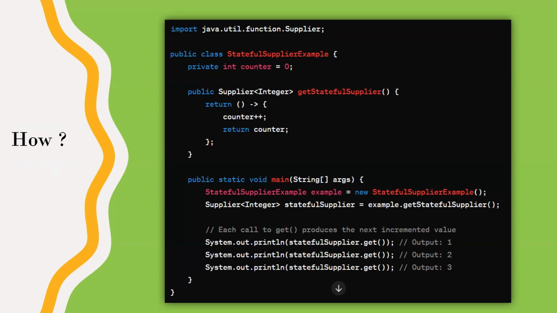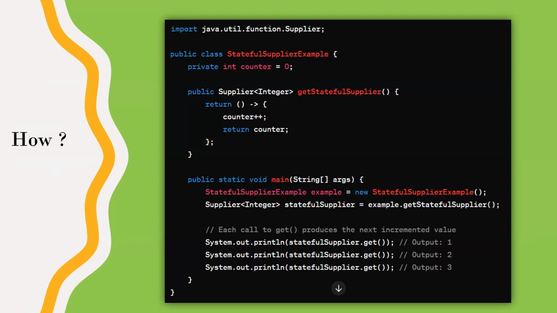Whenever I want to get the value, I just mention statefulSupplier.get, so every time you call this get method, it gives its own next value, which can be 1, 2, 3 and so on. For example, if I create one more instance of StatefulSupplierExample, it has its own counter variable and its own values. So here we are maintaining the state by using the Supplier function. This is a simple example of a stateful supplier.